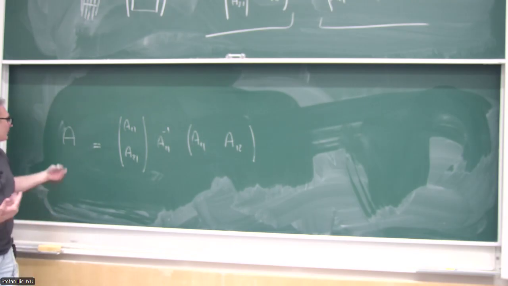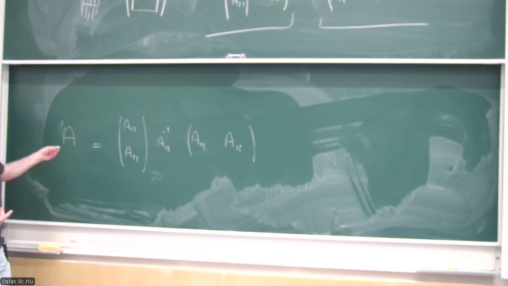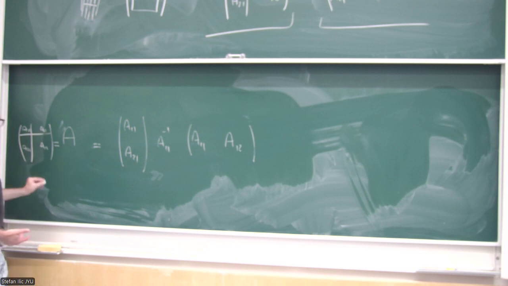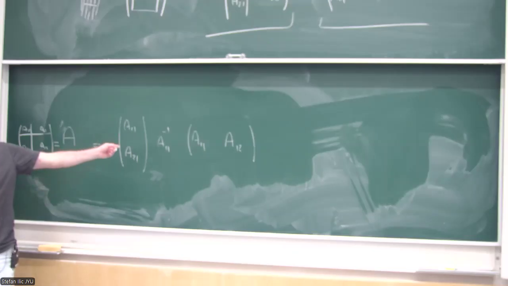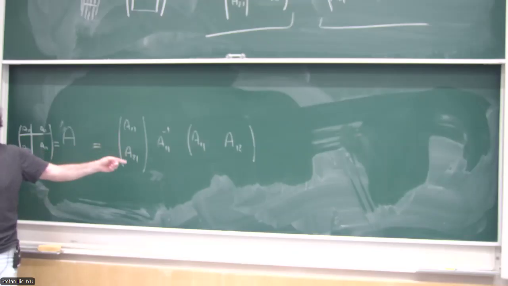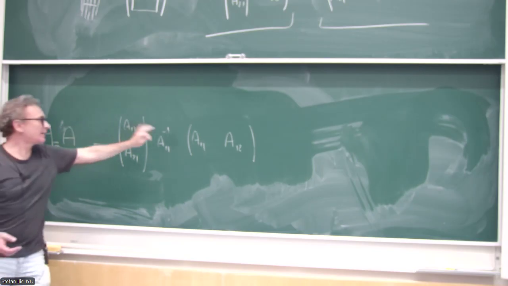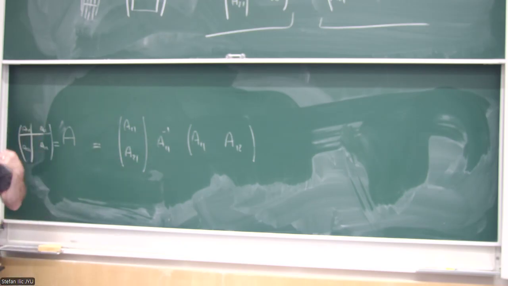And you see the compression again. A has four blocks, A11, A21, A12, A22. And the block A22 does not appear on the right-hand side. What is nice about this expression is that it's directly written in terms of slices of the matrix. You just take a few rows, a few columns, and you write the right-hand side, and you get the entire matrix.